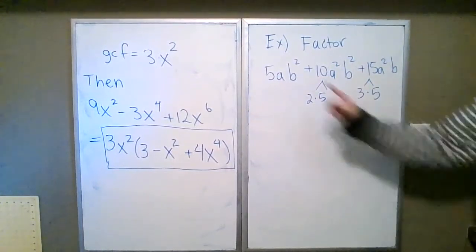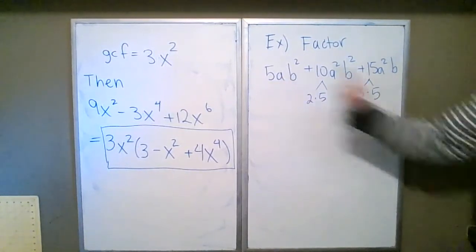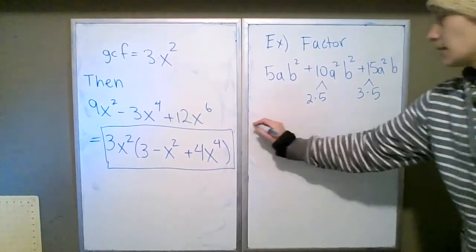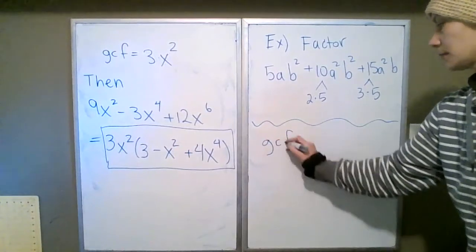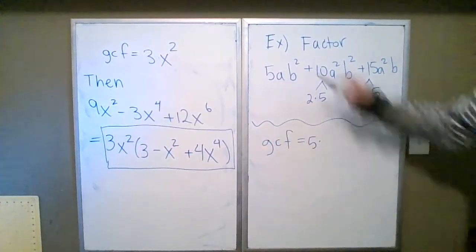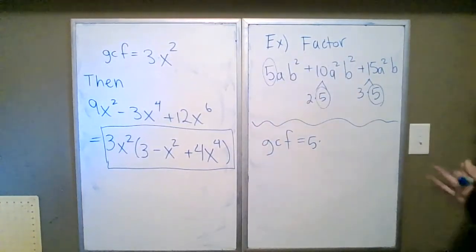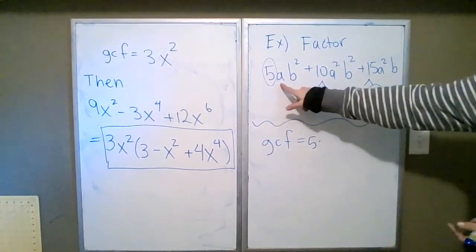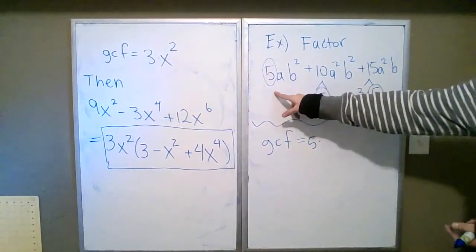There are 3 terms, and we're trying to get factors common to all terms, which there's a 5 and a 5 and a 5. So we're going to use 5 in the GCF. Okay, there's a 2 in the middle term, but it's not common to all terms because the first term doesn't have 2.